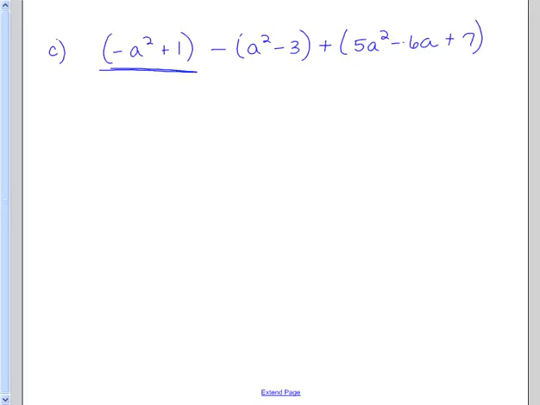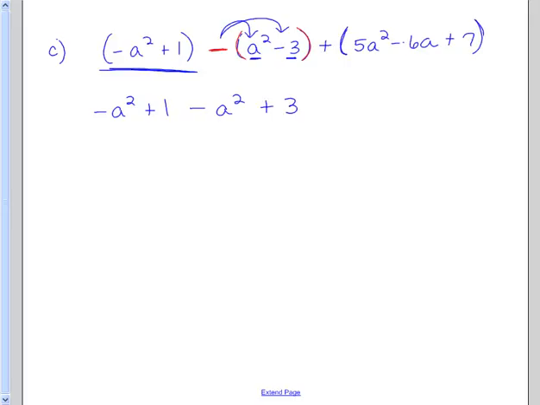There's nothing in front of this polynomial, so it's going to stay negative a squared plus 1. This polynomial has a negative in front of it, so the signs are going to change. Inside the parentheses, this is a positive a squared, so negative times positive gives me negative a squared. The 3 is a negative, so negative times negative gives me positive 3.